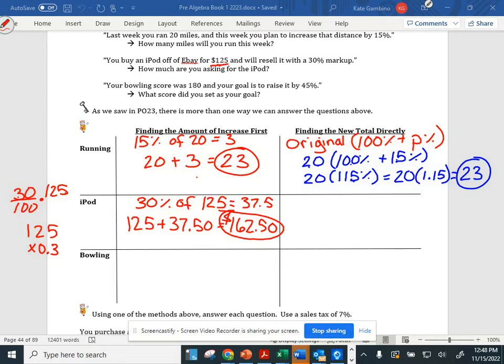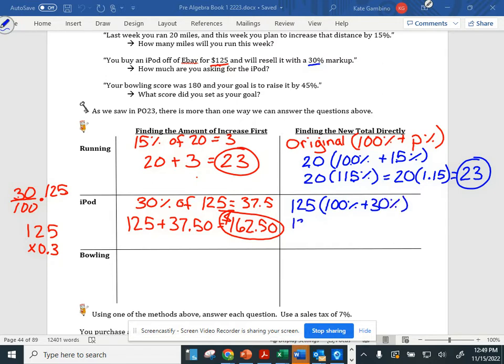So we could do it finding the new total directly using that same formula we used the last time. The original price times 100% plus that percentage increase. So my original price was 125 times 100% plus that 30% increase.